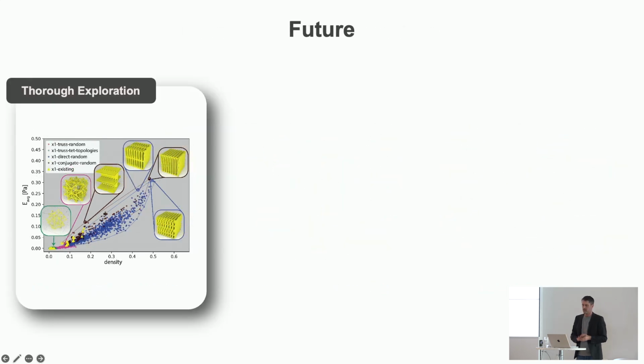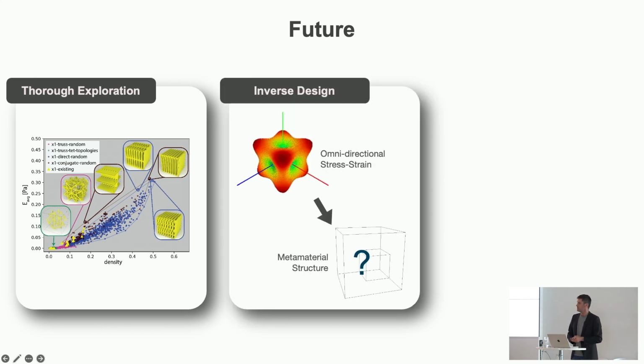Now, looking forward, we believe that first of all, more thorough exploration of this gives you really new opportunities for metamaterial development. So far this was a forward modeling process, right? Either the user directly modeled it, or we randomly changed a couple of parameters.